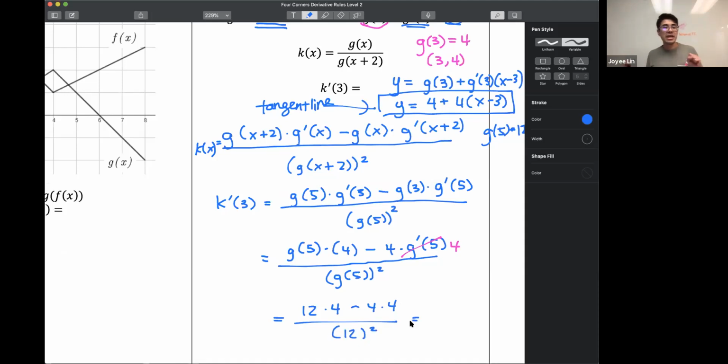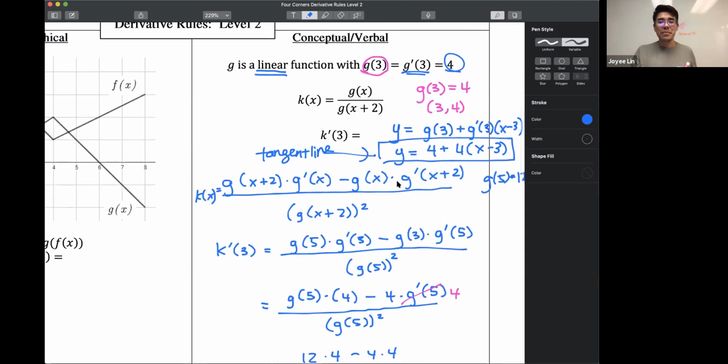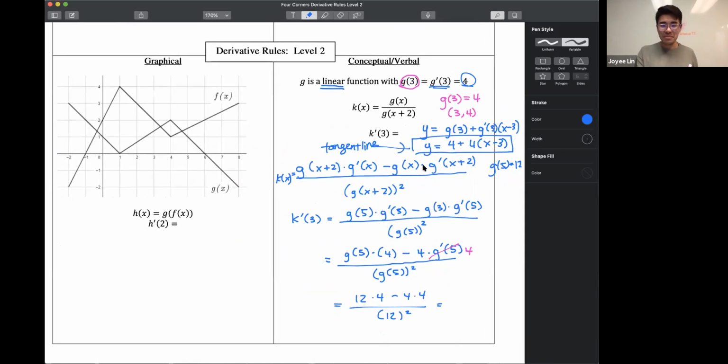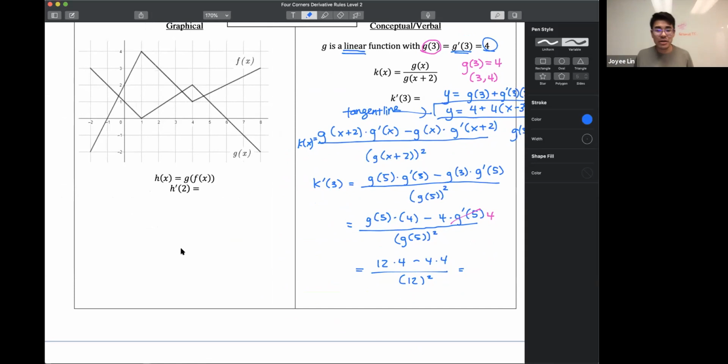And then I got a question. How did I get that g prime of 5 is equal to 4? Well, let's think about it. g is a linear function, right? So let me zoom out a bit. If I were to draw a linear function, this is my function right here.